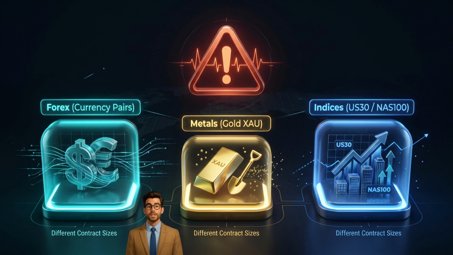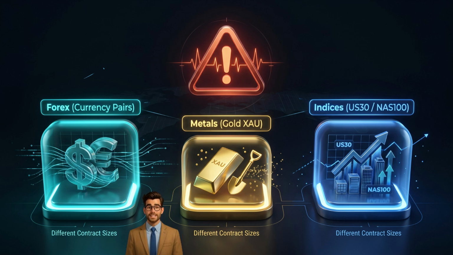The lot size calculator becomes absolutely mandatory when you transition from basic Forex pairs to assets like gold, US 30, or the NASDAQ. Unlike standard currency pairs, indices and metals have radically different contract sizes and tick values depending on your specific broker. A 1.0 lot on US 30 with broker A might equal $1 per point, while a 1.0 lot on broker B equals $10 per point.